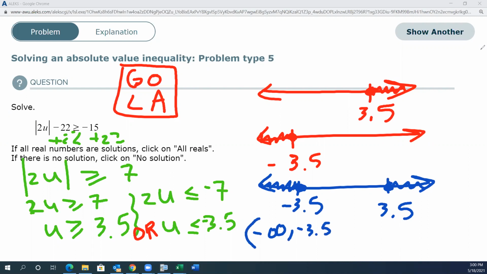And infinities always have the parenthesis because you cannot include them. But the negative 3.5, I include that. And then the other half would be 3.5 to infinity. And then to connect the two pieces of my solution set and merge them into a single solution set, I put a union symbol in between. And now everything is wonderful.